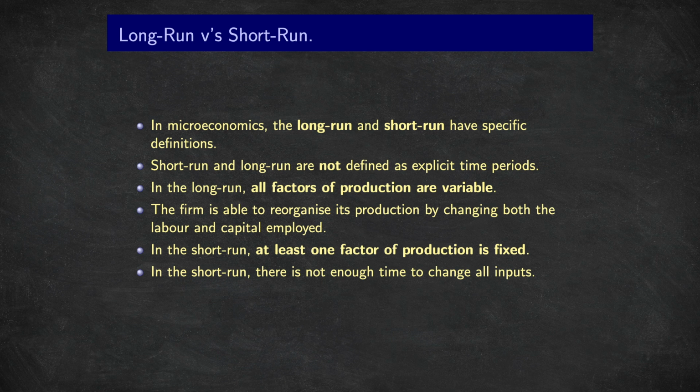But replacing the machines, moving premises, building a larger factory are what we would think of as long-run decisions. So changing both labour and capital would be the long run. And if capital is fixed, then changing the amount of labour that is employed day to day would be considered a short-run decision for us.